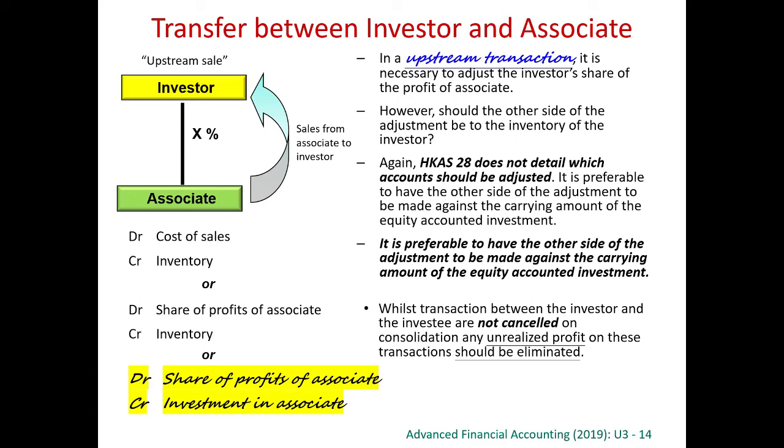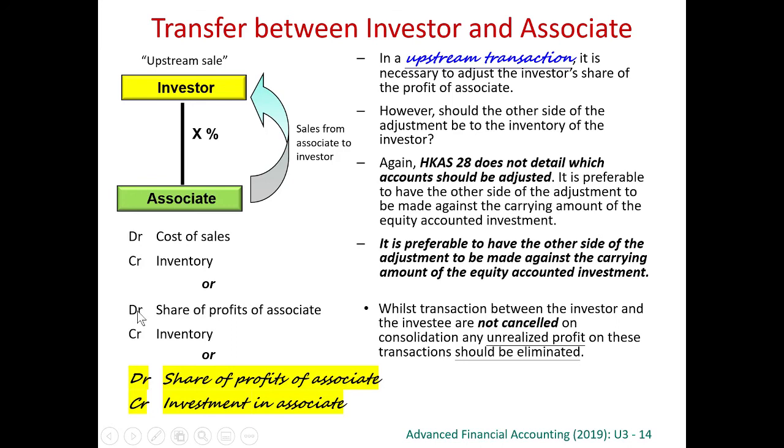Some other accountants agree that it is the inventory of the investor that we have to adjust. Therefore, they agree that we have to credit the inventory. But it is the associate who earned the profit, so we are adjusting for the profit of the associate. And therefore, they suggest that we debit share of profit of associate.